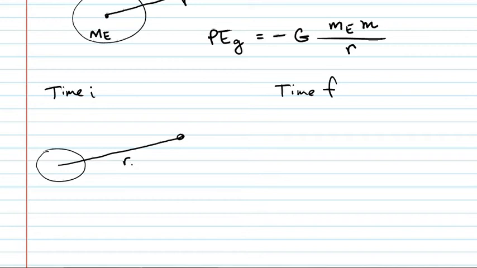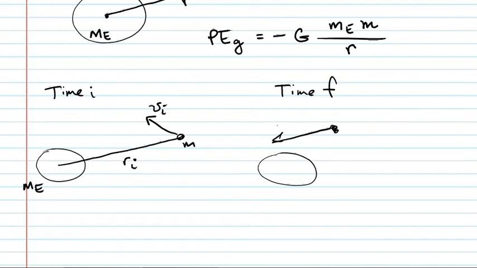So that could be our initial, mass of the object, mass of the Earth, and maybe it's moving with some speed, v initial. And then later, maybe it's spiraling in, gotten closer to the Earth, should be moving faster now.